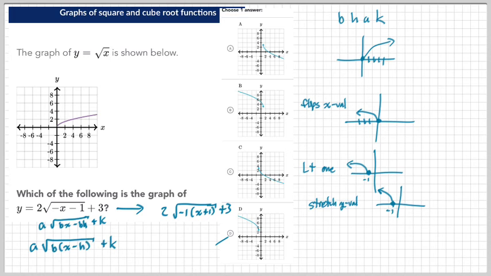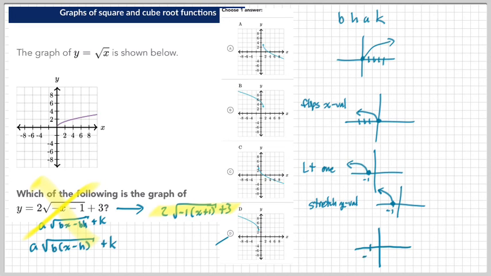My last one is the K. What's the K going to do? Look at that K. It says +3. Now, notice guys, I'm only looking at this one right here, okay? Because I'm not looking at this one right here because the B is hidden and it messes up the H, all right? So the last thing is the K. The K is the +3, so we're going to take that point right there.